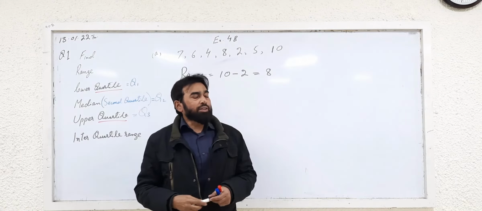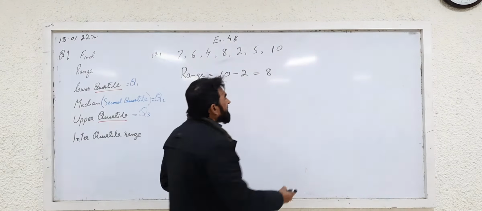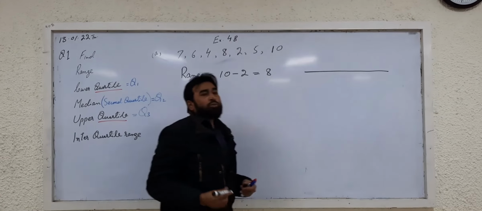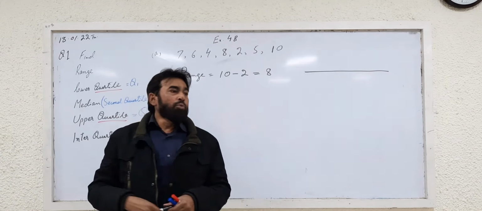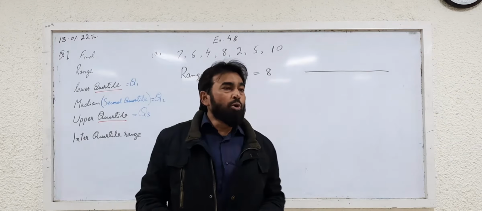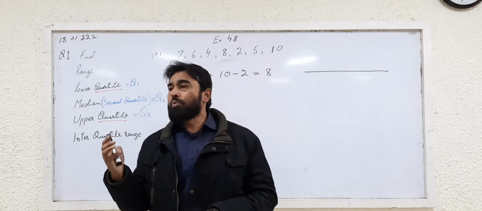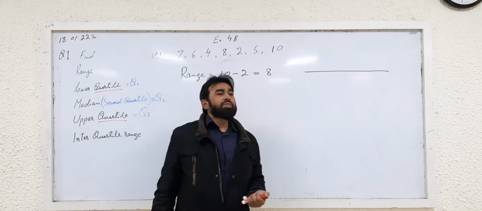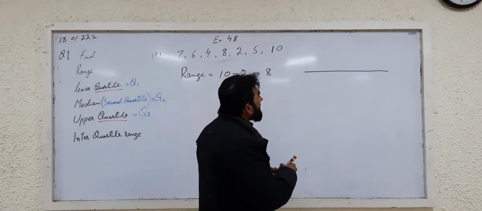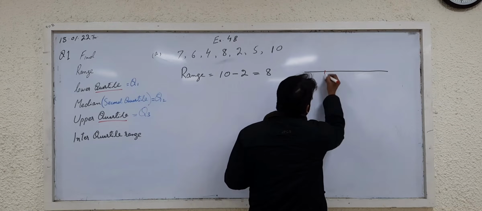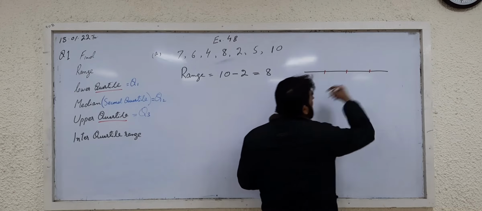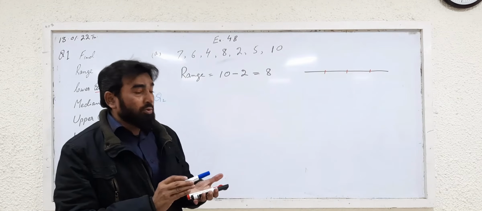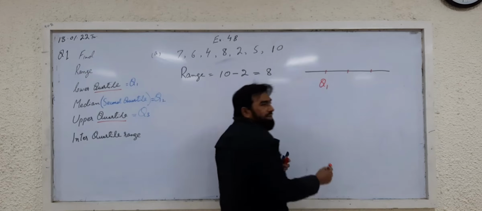So, for example, if you have a line like this, if you want to cut this line into 4 equal parts, then how many times do you have to cut this? 3 places. From 3 places you are going to cut at equal distances, 1, 2, 3. If you are cutting this line at 3 equal places, then you are going to divide this line into 4 equal parts.